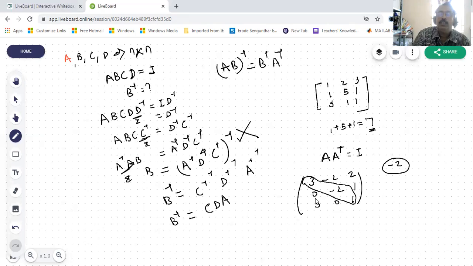So one eigenvalue is minus 2, and the other two values are 3 and 1. A very easy problem. So the other eigenvalues are 3 and 1.